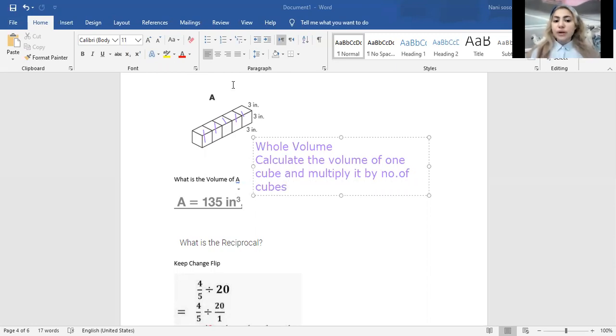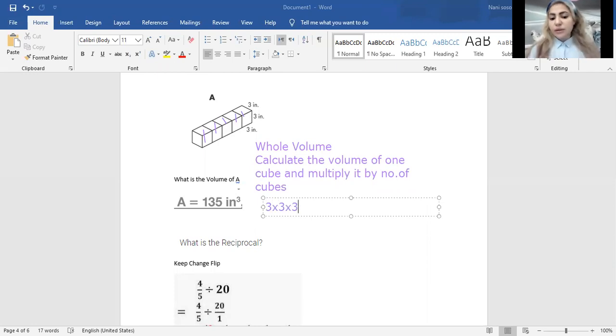So what is the volume of one cube? The volume of one cube is length multiply width multiply height, which is 3 multiply 3 multiply 3. 3 multiply 3, 9, multiply 3 equals 27. Okay, so this is the volume of one cube.